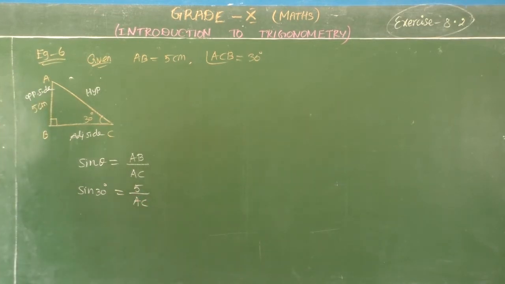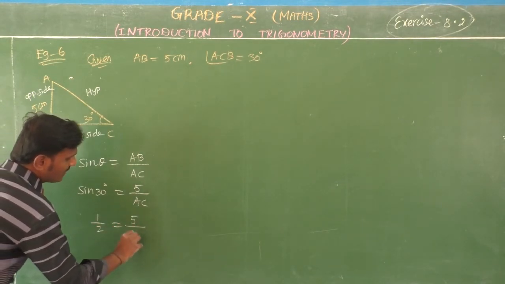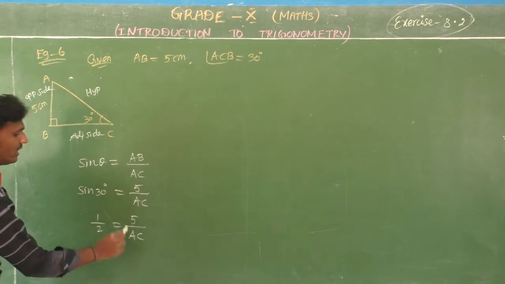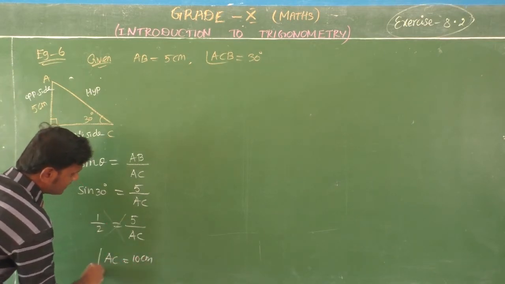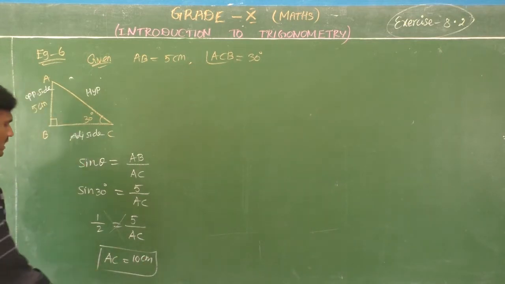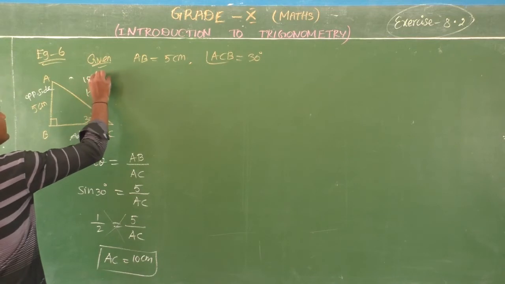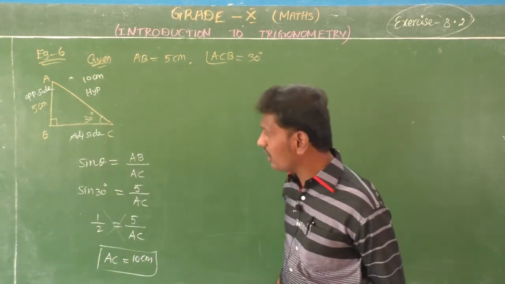Now the value of sin 30 is 1 by 2, which is equal to 5 by AC. Now I am going to take a cross multiplication to get AC equal to 10 centimeters. Okay, now I found the length of AC, the hypotenuse, 10 centimeter.